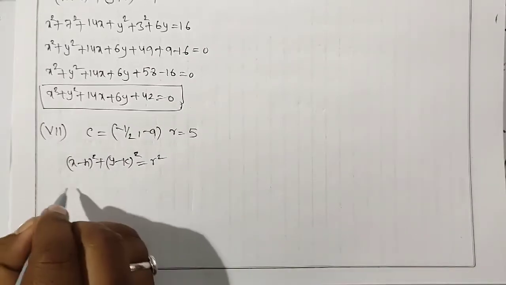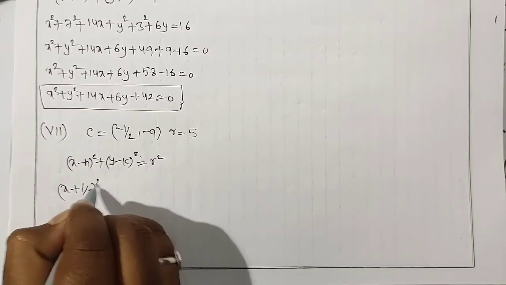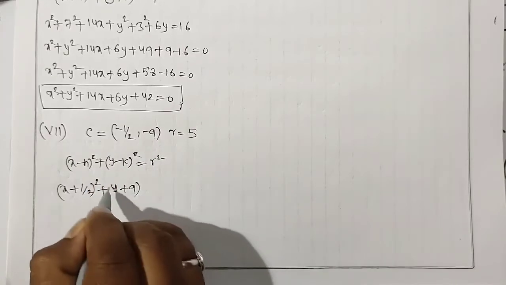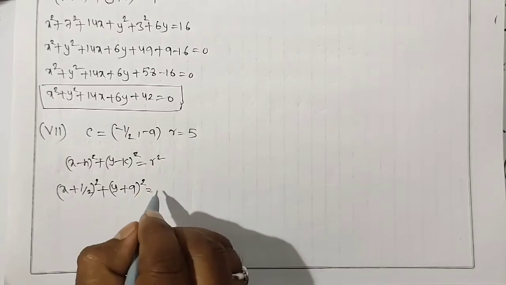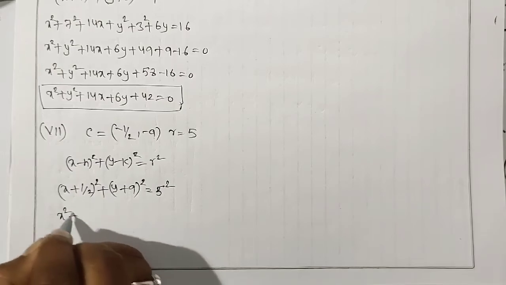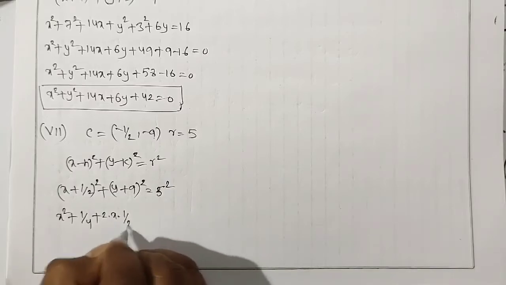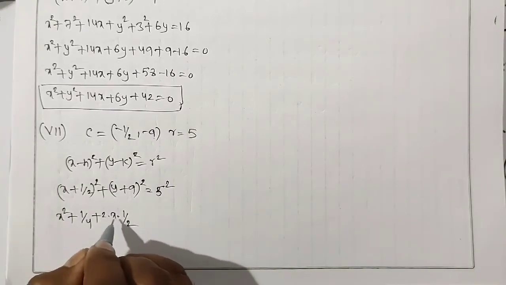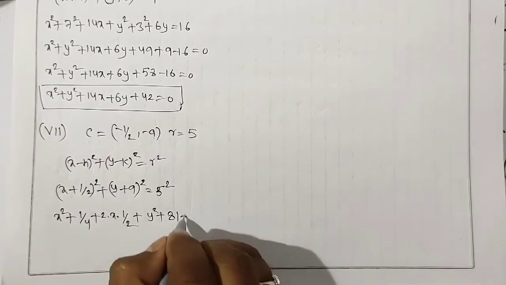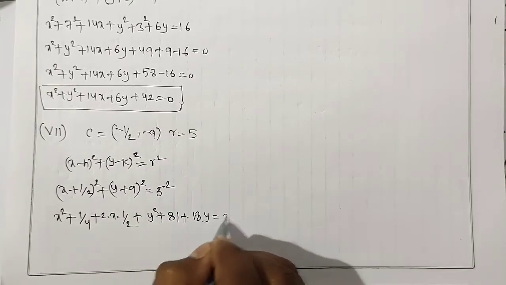Substitute the values in the formula. So we get (x minus of minus 1 by 2, that is x plus 1 by 2) whole square plus (y minus k, minus of minus becomes plus 9) whole square is equal to r square, which is 5 square. Now, a square plus b square: x square plus 1 by 4 plus 2 into x into 1 by 2, that is 2ab, then y square plus 9 square, 81, plus 2 into 9 into y, 18y, is equal to 25.